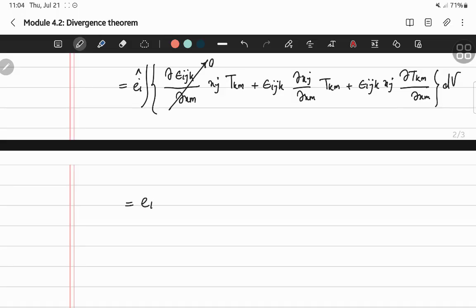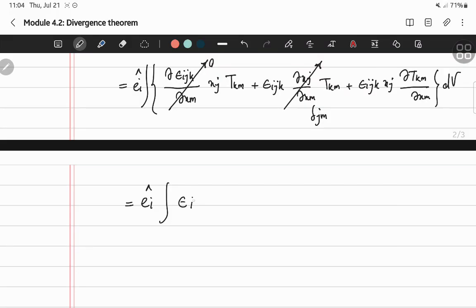So we have e_i, then we have the integral, and then we have this x_j. So we have this as delta_jm, and this only has meaning when j is equal to m.